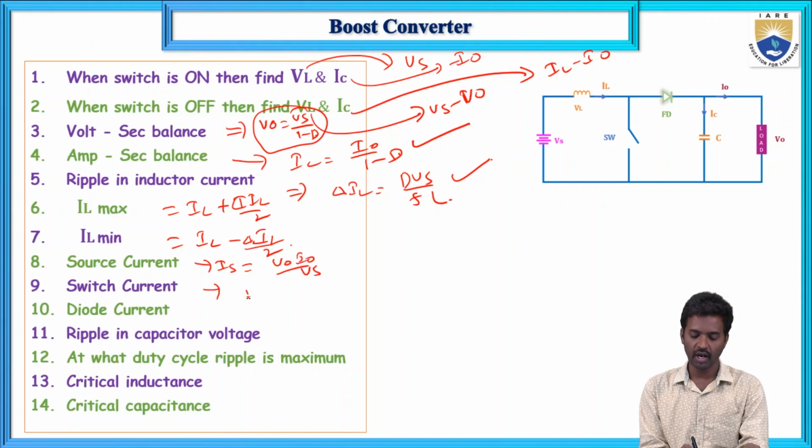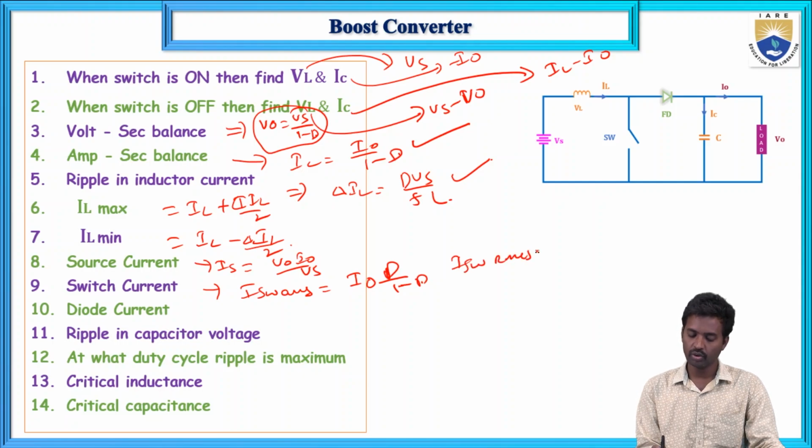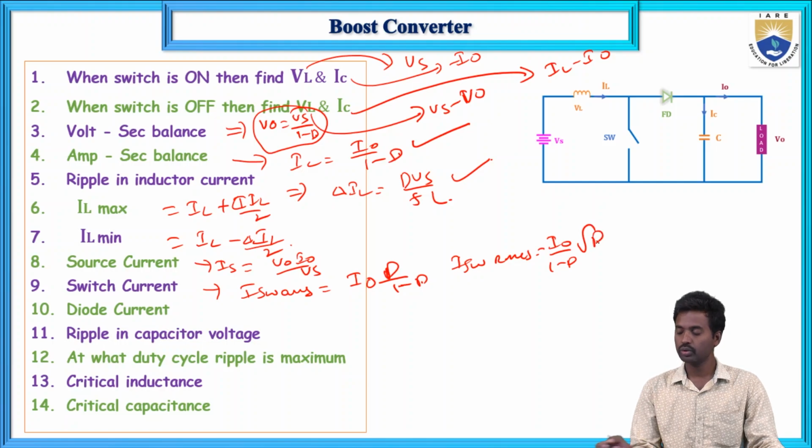Switch current, ISW average equals I naught into D by 1 minus D only, and next ISW RMS equals I naught by 1 minus D under root.